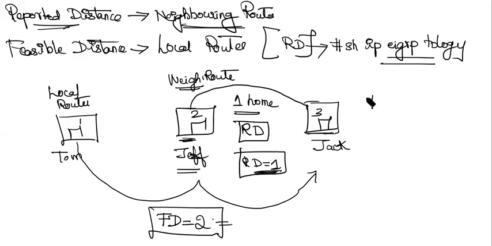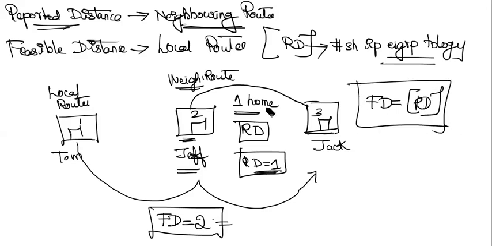So feasible distance includes reported distance within it. This is a basic example so far for reported distance and feasible distance. Let's conduct a small lab in order to understand the basic configuration of EIGRP.